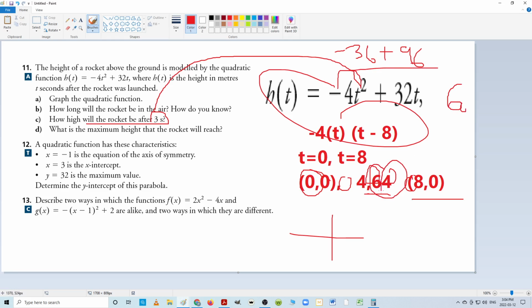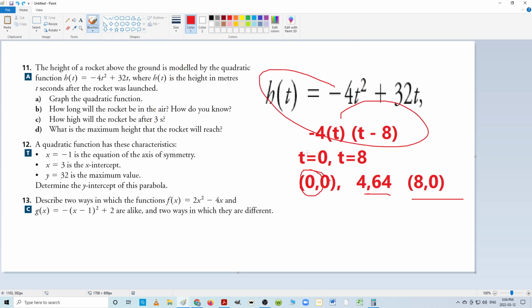Almost reached the peak of 64. And guess what? If this is the vertex of the parabola, and that's the peak, and it hits 60 at 3 seconds, and it hits the peak at 4, then at 5 seconds, it's going to reach that 60 height again. And then what is the maximum height the rocket will reach? 64. But let me show you another situation that they often ask.